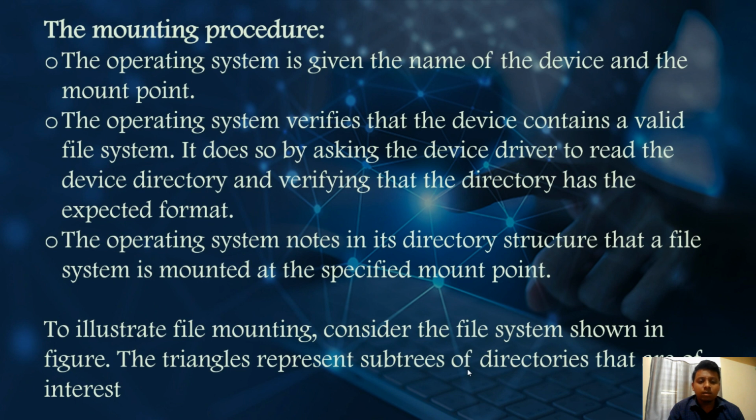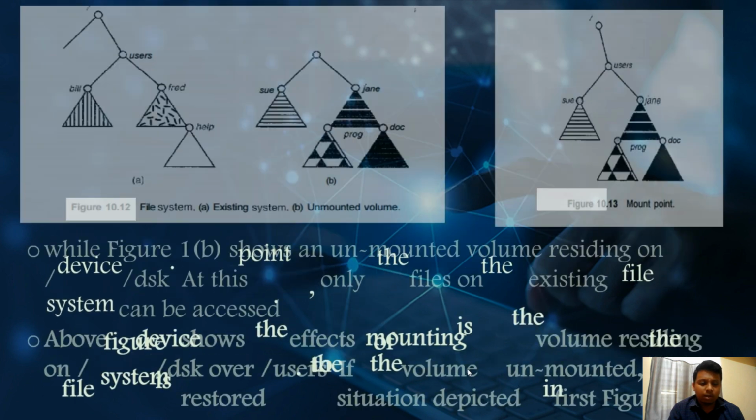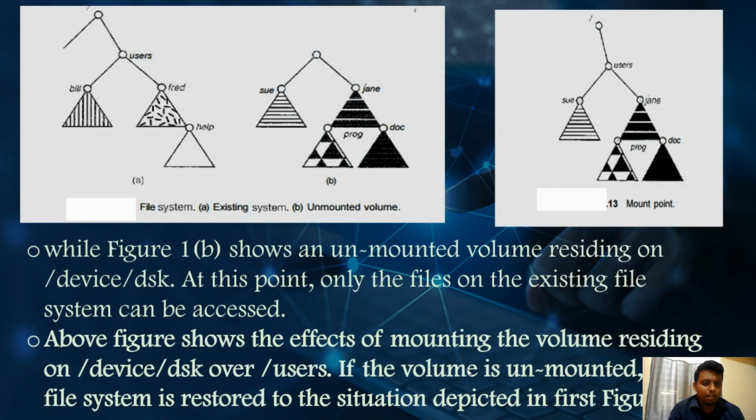To illustrate file system mounting, consider the files shown in the figure. Triangles represent subtrees of directories that are of interest. First, figure 1b shows an unmounted volume residing on a device or disk. At this point, only the files on the existing file system can be accessed.